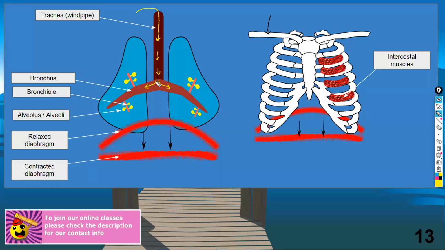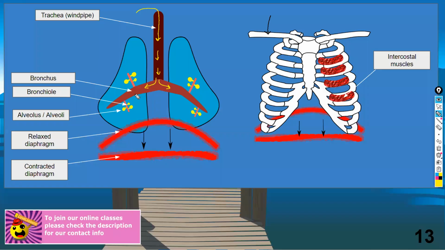Now, the first split after the trachea is called your bronchus, right? Now, when it goes over here, you notice it splits into what? Smaller pieces. It's like a tree. A tree has a main branch, and on that main branch, it might have smaller branches, and that smaller branch might even have smaller branches coming out of it.